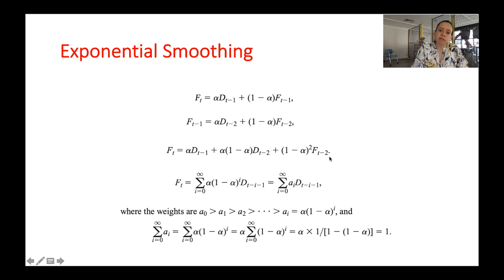Again, we can write the formulation of f(t-2), and when we insert this formulation in this formulation and if we continue in that way, in the end we will obtain such a formulation.